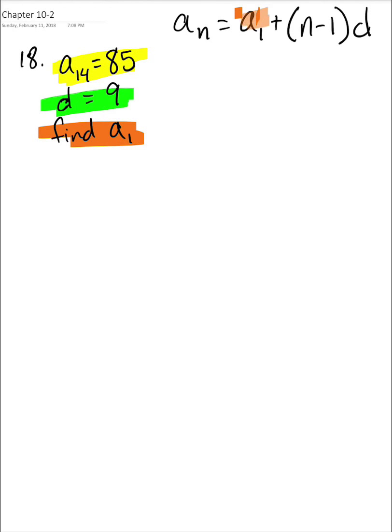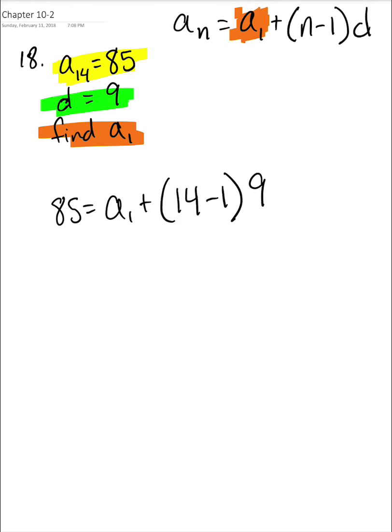So we want to find that term right here. So let's plug in everything else that we know. So a sub 14 is 85 equals our term we want to find, the first term, plus n minus 1, where n will be 14 in this case, times the difference, which is 9. So now I just want to simplify, and then I want to isolate my first term, a sub 1.